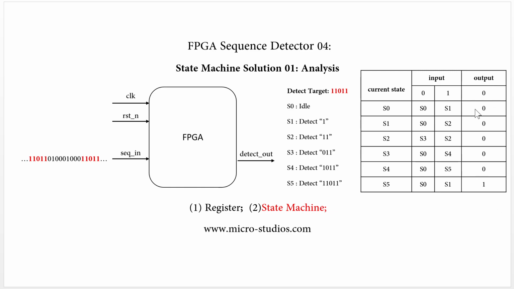This output is the different value according to current state. Okay, once we have this transition table, we can code our state machine.